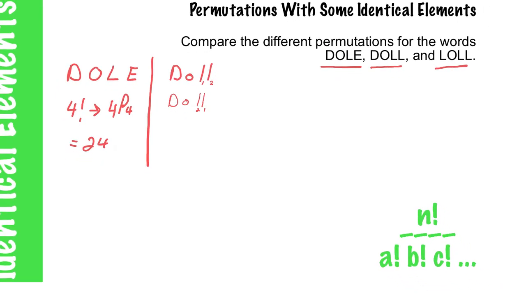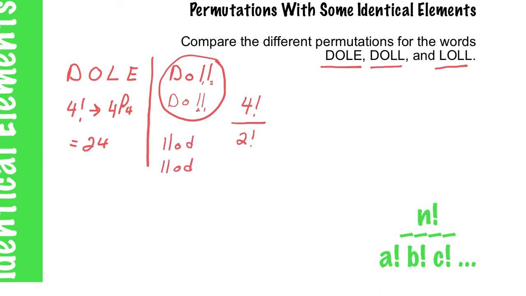So the number of ways you can arrange 4 letters is 4 factorial. But to account for the fact that we have 2 L's, we're going to divide it by 2 factorial. And that will account for all the different ways that those 2 L's show up in the word doll.